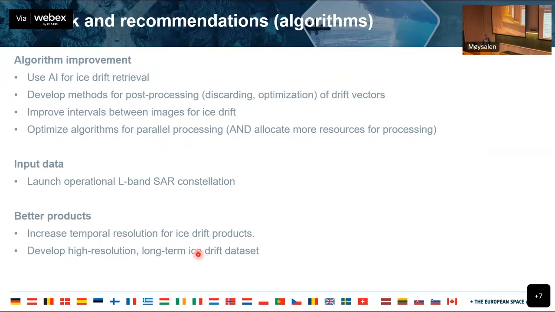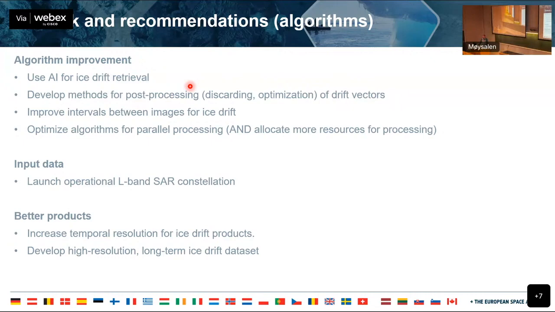Outlook, based on these presentations, one of the interesting things is to use artificial intelligence or machine learning for ice drift retrieval. And it has not been done previously. So this is probably a very interesting avenue since AI develops so fast.